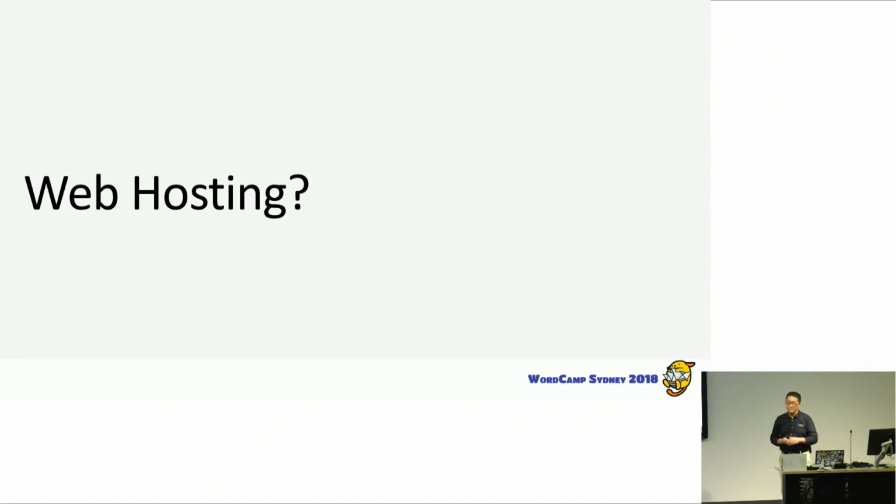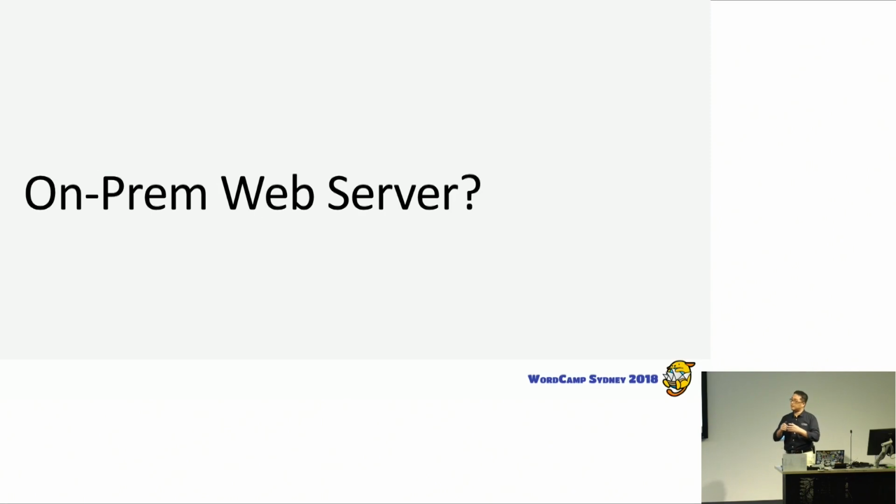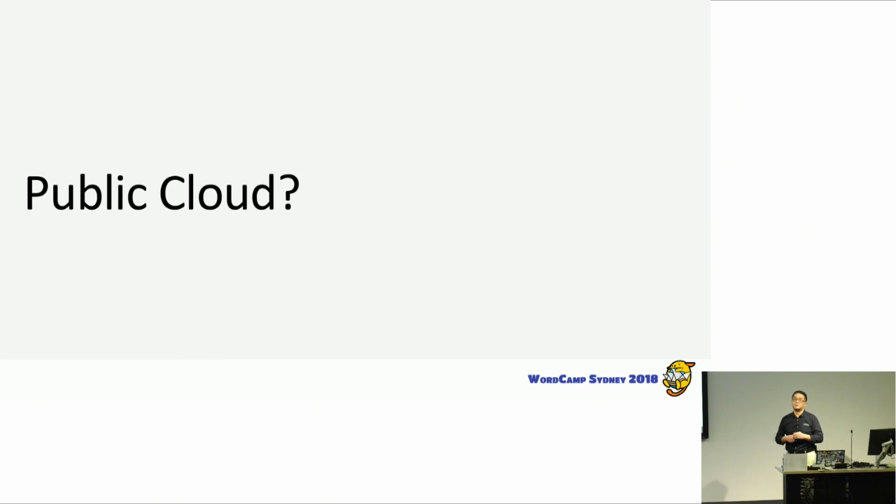What about a web server on-prem, behind the firewall, for your corporate use? What about the public cloud, such as AWS, Google, or Azure? No one. I knew it. So Azure is not that popular. How interesting.